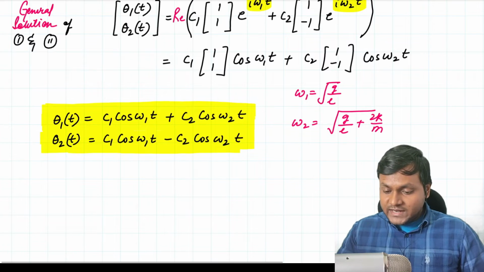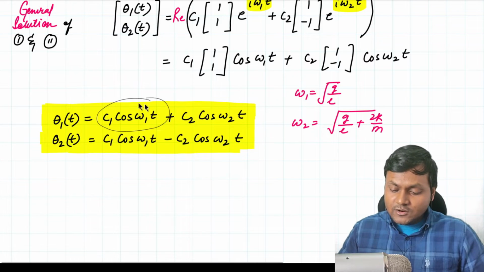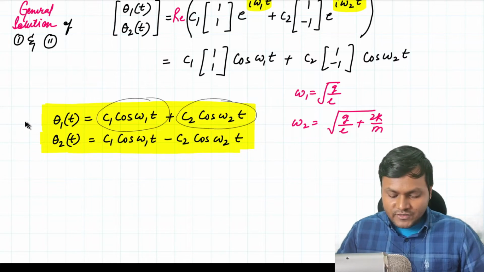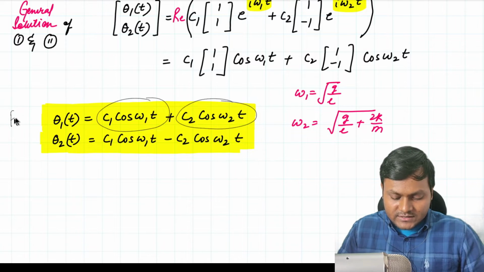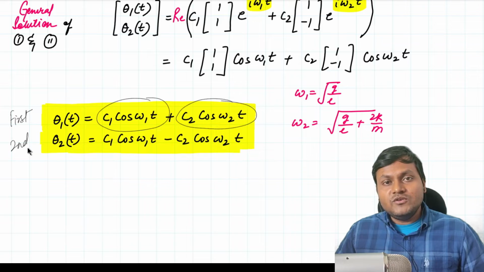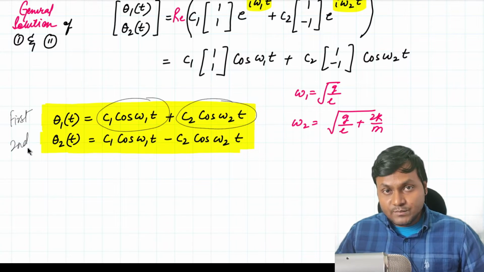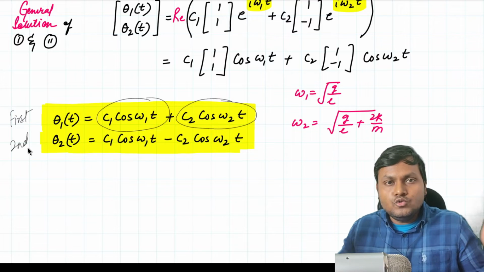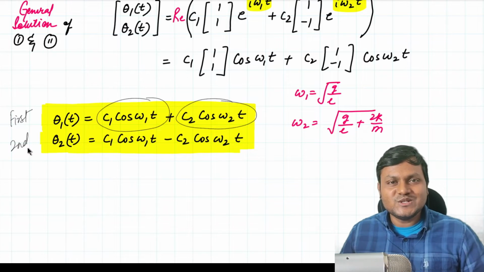Now you are getting the linear combination of two distinct frequencies. So what you have as a general solution for the first mass, and this is for the second mass, is not simple harmonic oscillations, but rather a linear combination of two distinct simple harmonic oscillations.